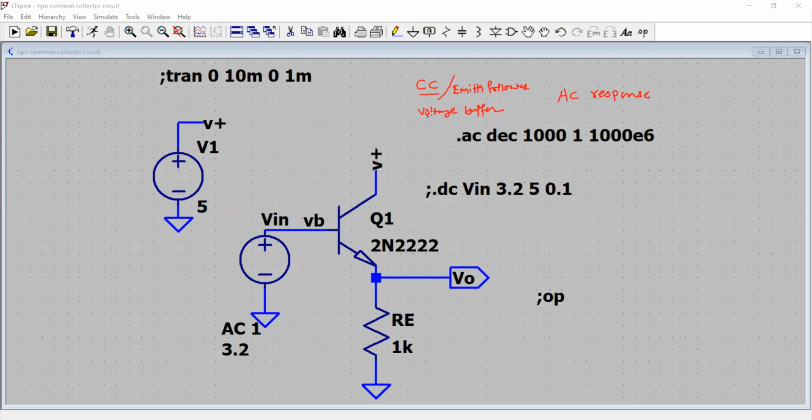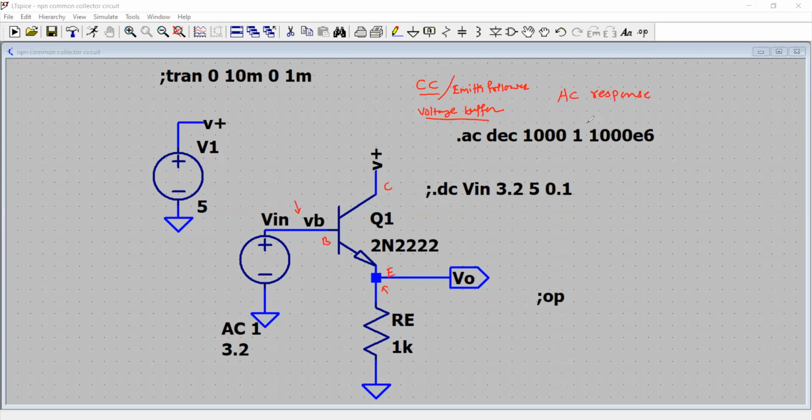So basically, a buffer is a circuit that helps us to transform the impedances at the input and output side. This is a voltage buffer, or common collector mode, where we apply input to the base and take the output from the emitter. This is an emitter, this is a base, and this is a collector.